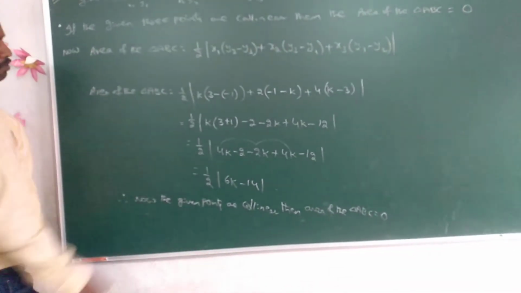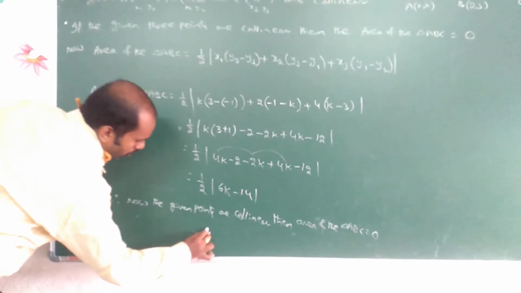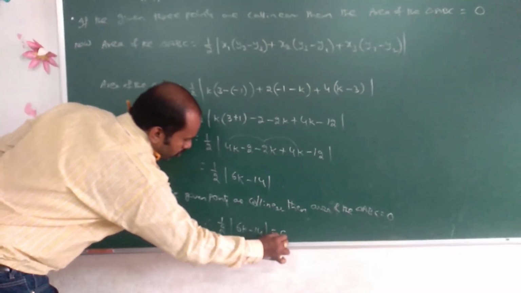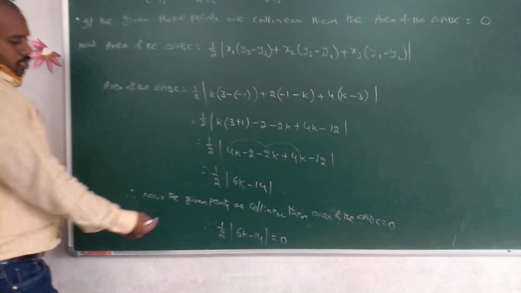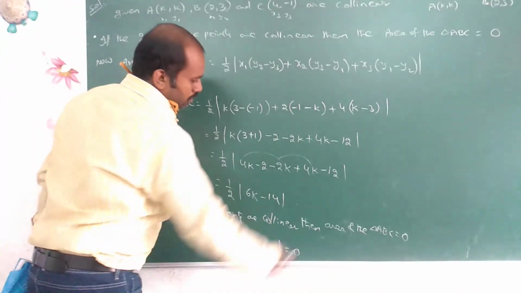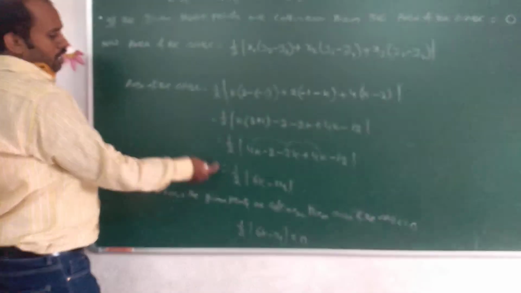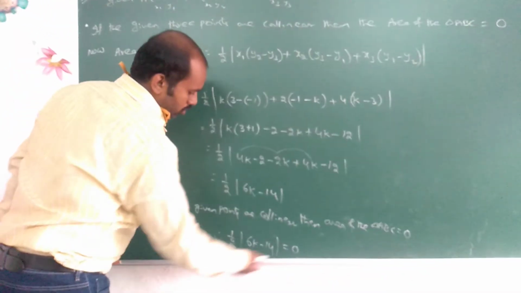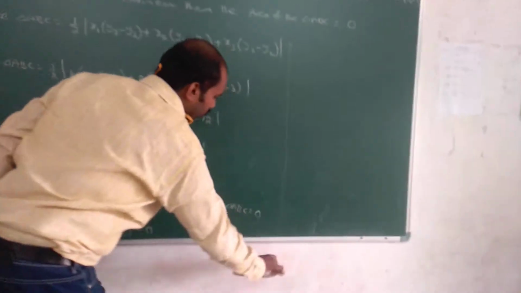So the area of the triangle ABC equals half into modulus of 6k minus 14 equal to 0, because the area of the triangle is 0. Already you got the area of the triangle, half into modulus of 6k minus 14, equal to 0. Now simplification.